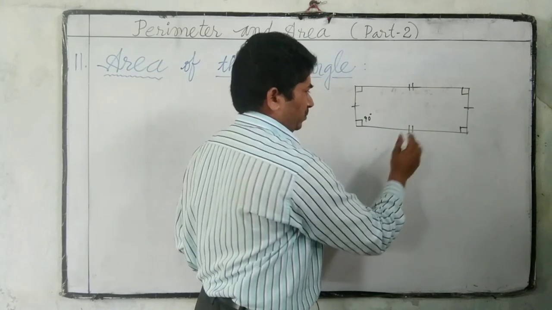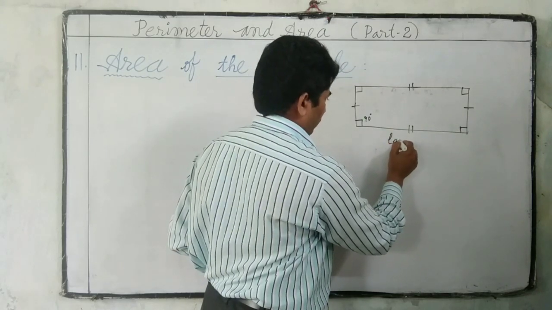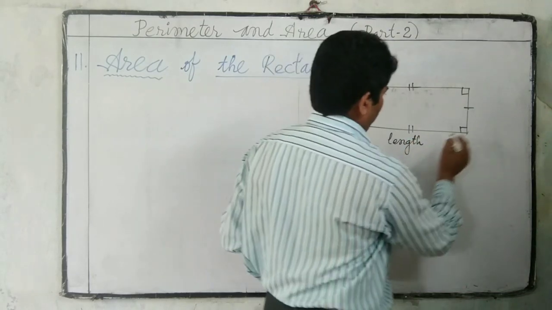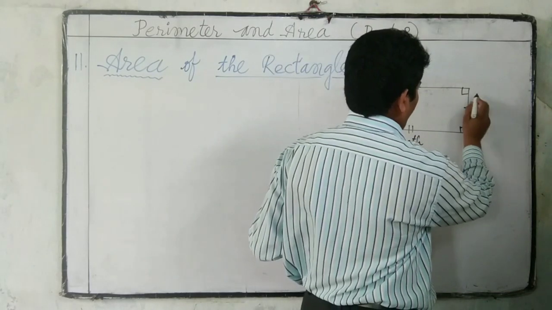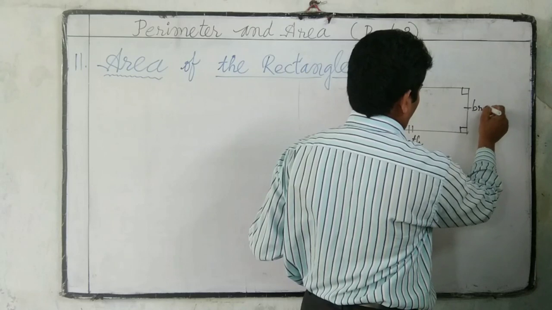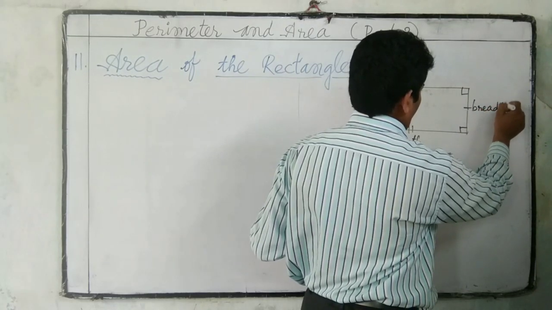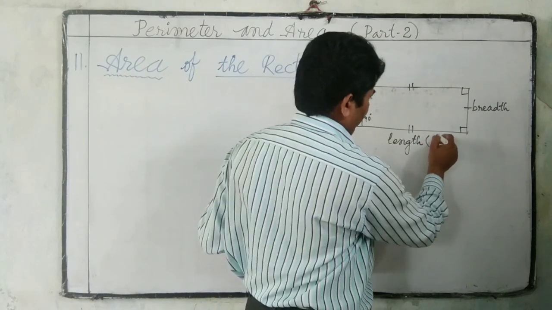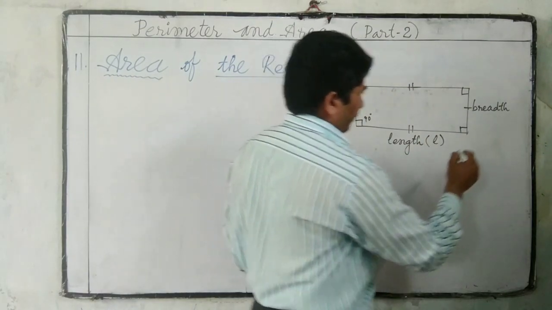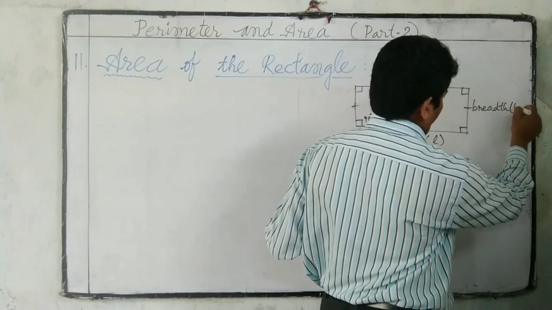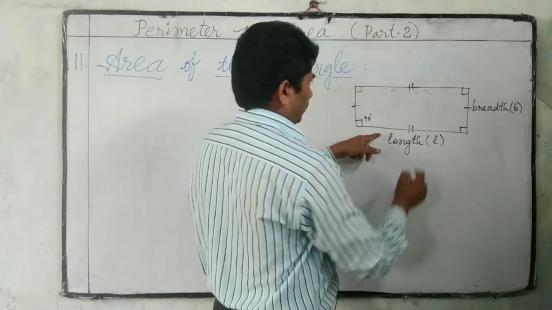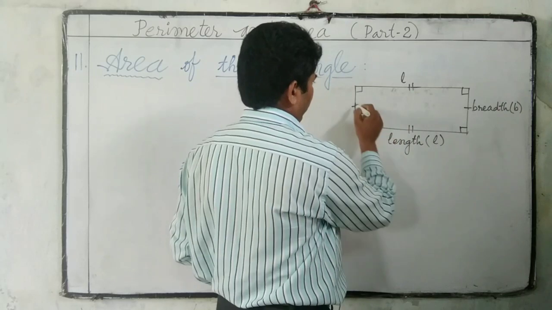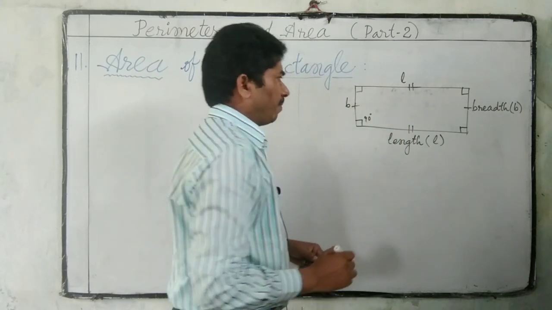This long side is called length. This short side is called breadth. So length is denoted by the letter L, breadth is denoted by the letter B. So here also L, here also B.